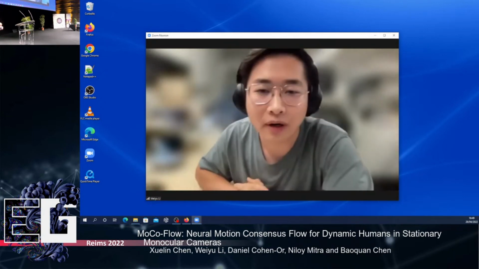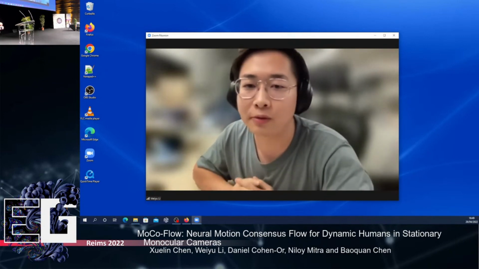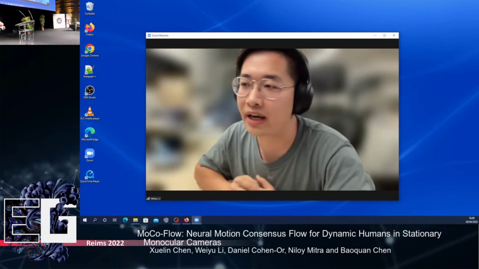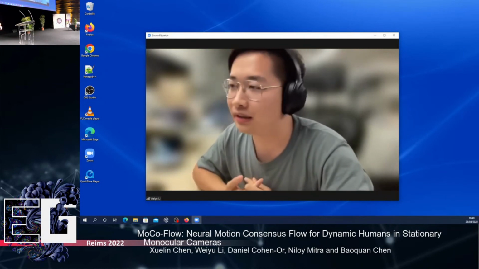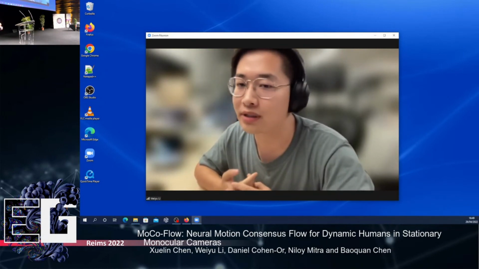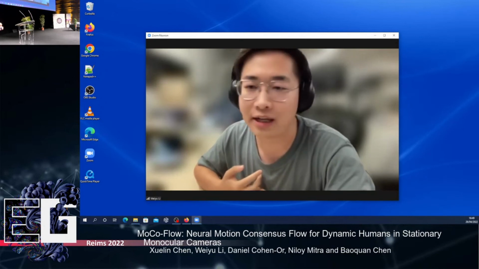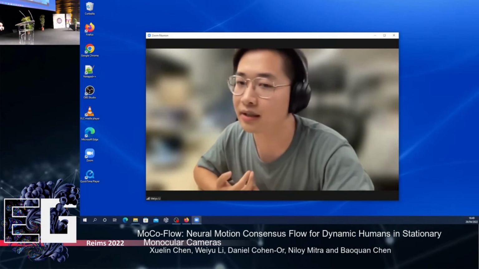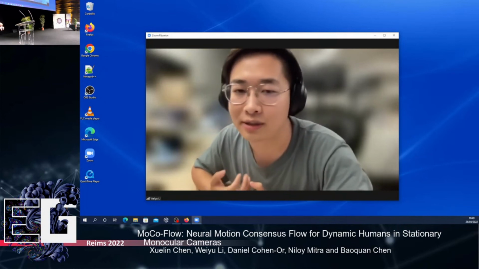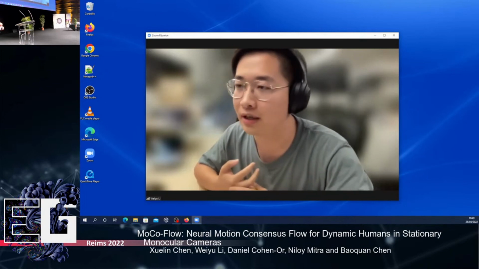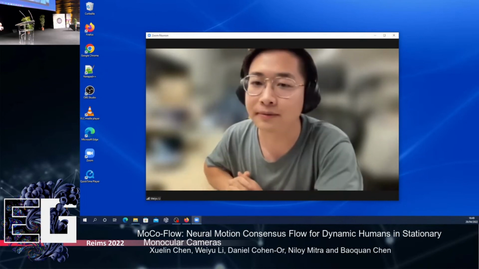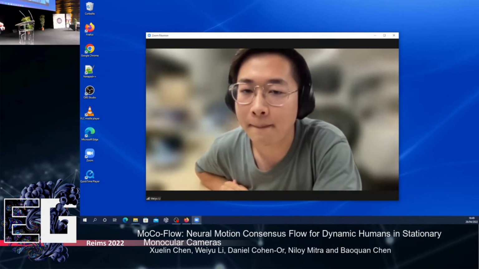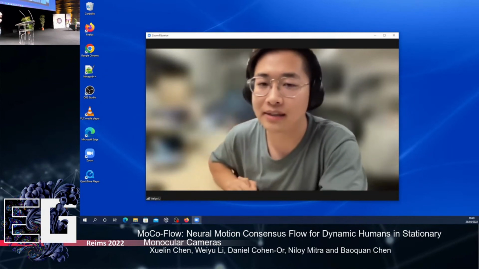For the background, we assume the background is static, so we use matting to pre-process the whole video. For example, we use Mask R-CNN to get a coarse mask to extract the human from the foreground to the background.